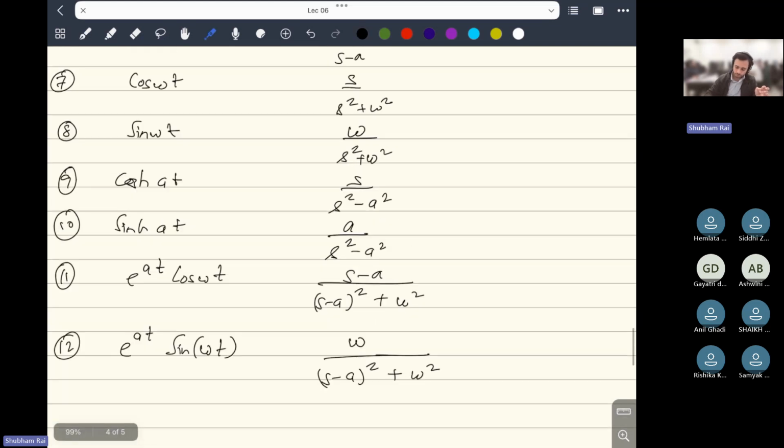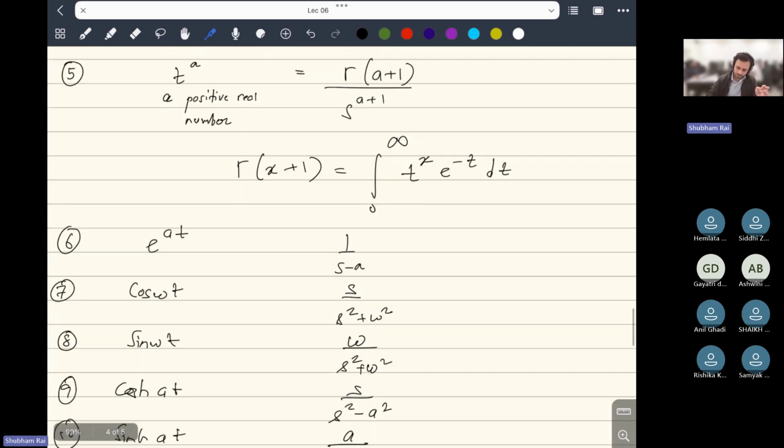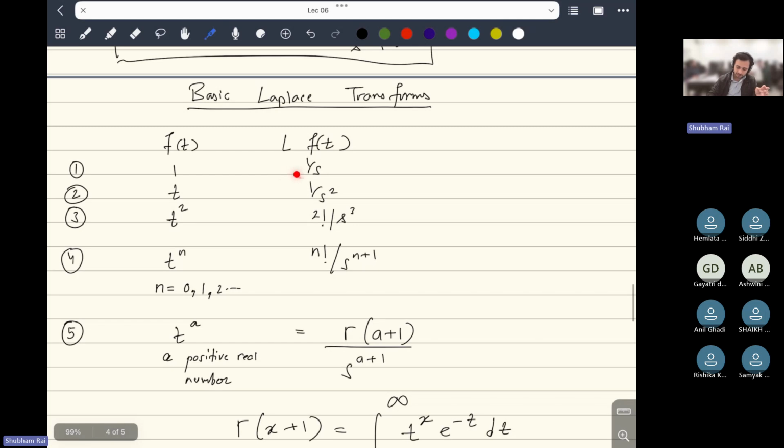And the similar thing is true for these functions. If you take the inverse of 1 by s, you will get 1. Inverse Laplace transform of 1 over s square will be t. Inverse Laplace transform of 2 factorial over s cube will be t square. Inverse Laplace transform of n factorial over s raised to power n plus 1 will be t raised to power n. Okay.